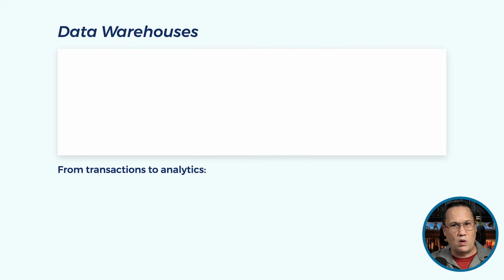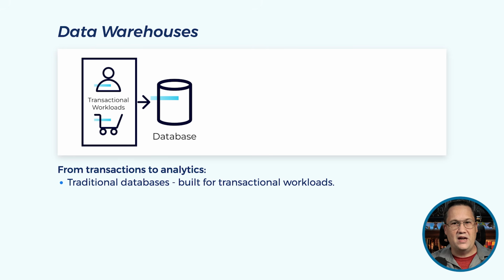Let's start with data warehouses. Despite the name change, a data warehouse is just a specialized database. They evolved because traditional databases were built for online transaction processing, or OLTP, leading to design decisions that were incompatible with analytics.